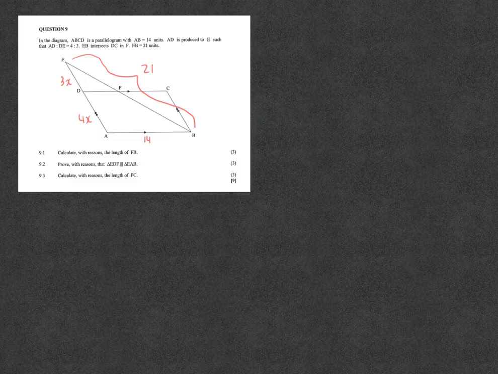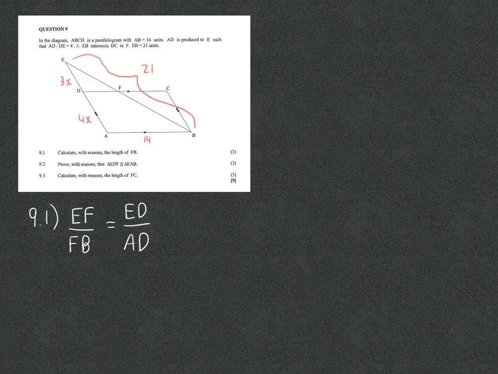So calculate with reasons the length of FB. Okay, so FB, we have 21, we have 14. Do you agree? We can use prop theorem here. So 9.1, EF over FB is equal to ED over DA, or AD.